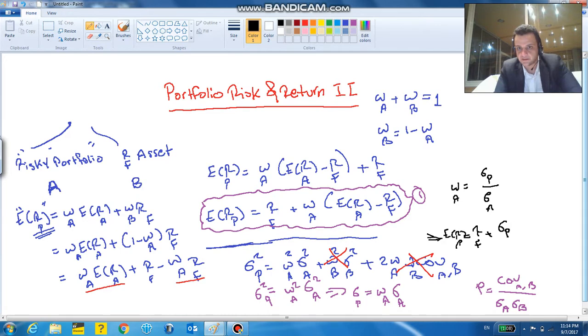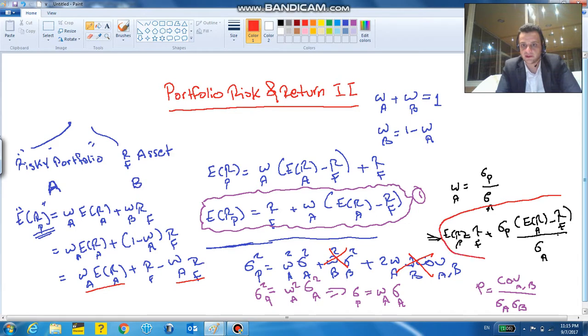So this is multiplied by expected return A minus the risk-free, and we divide this by sigma A. Okay. Now this is a linear equation. There is no square in the equation. So we call that a linear equation.